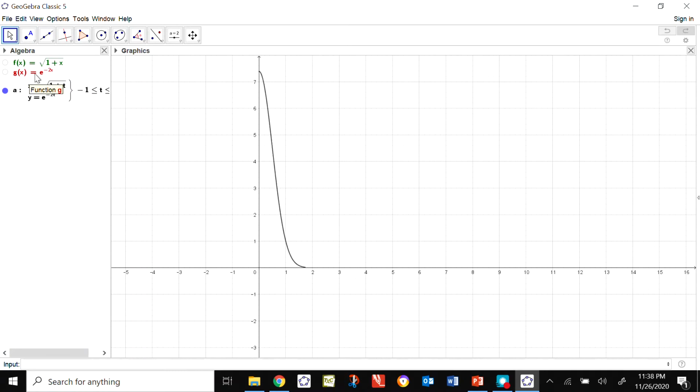And g of x would be square root of 1 minus x, let us say. That is g of t is square root of 1 minus t. So to be able to change something like that, you can do this.